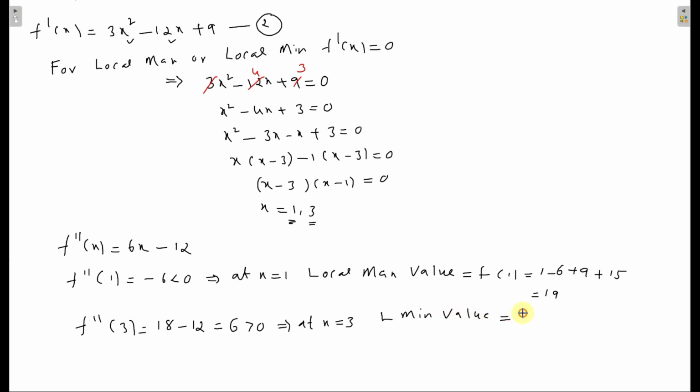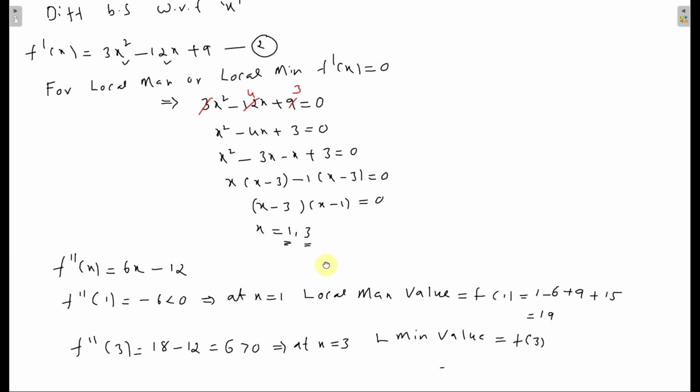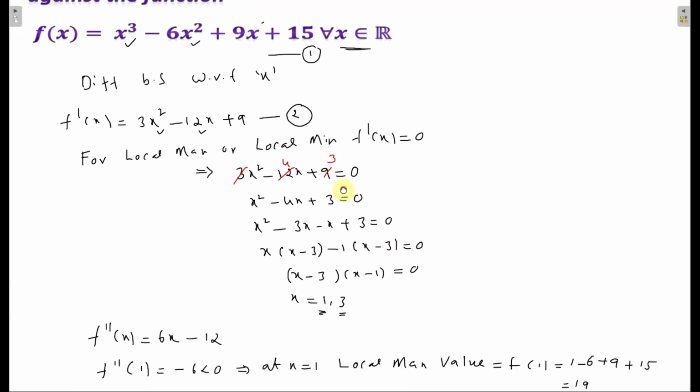So that is given by f of 3. Now find out f of 3 value. So f of 3 means substitute here. F of 3 is equal to 3 cube minus 6 into 3 square plus 9 into 3 plus 50. 3 cube is 27, 9 6s are 54, plus this is 27, plus 50.